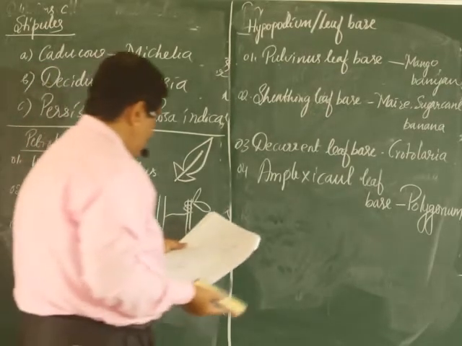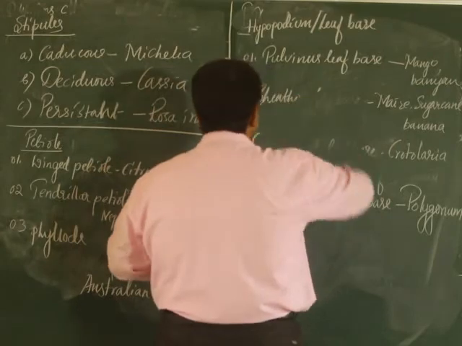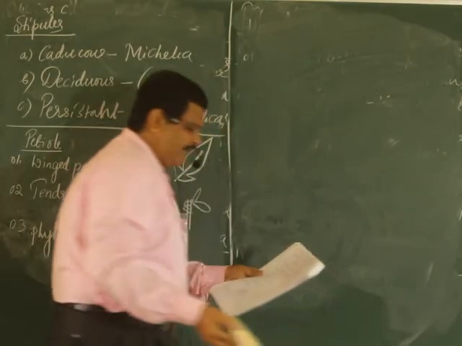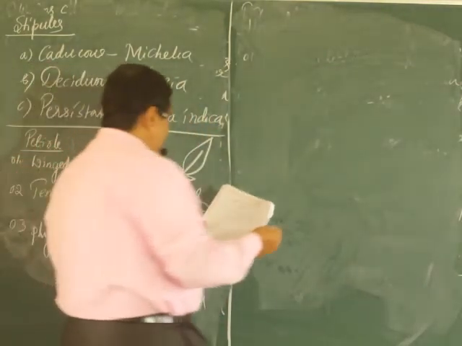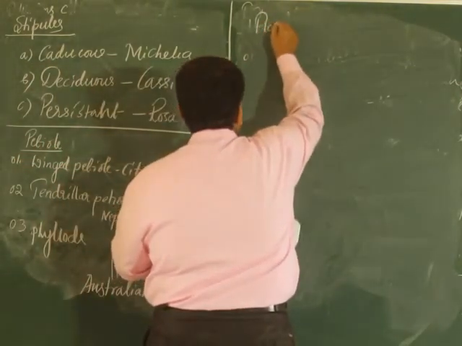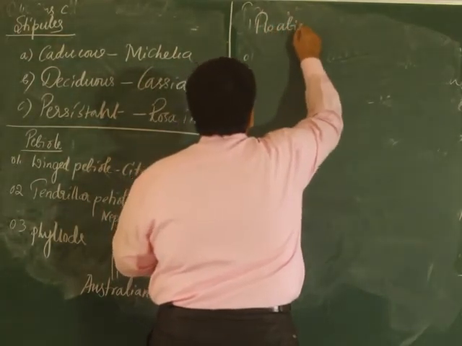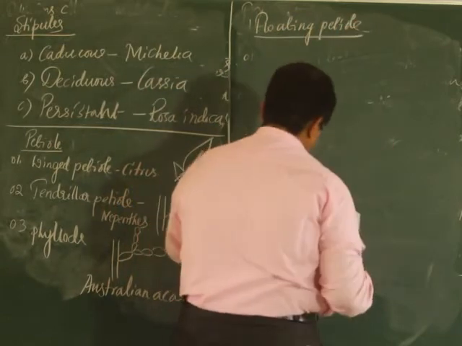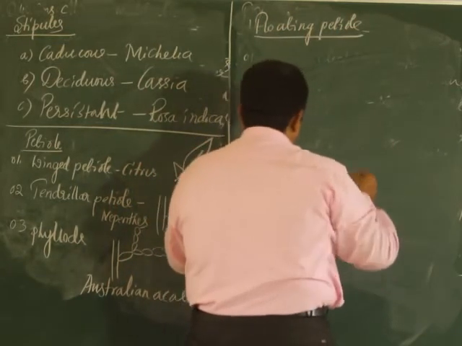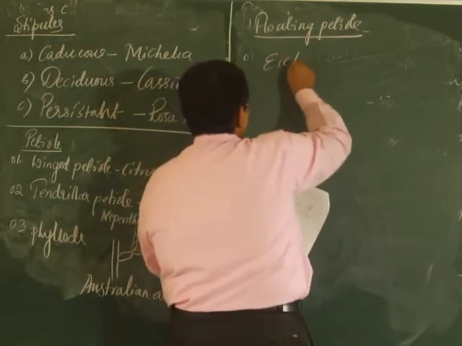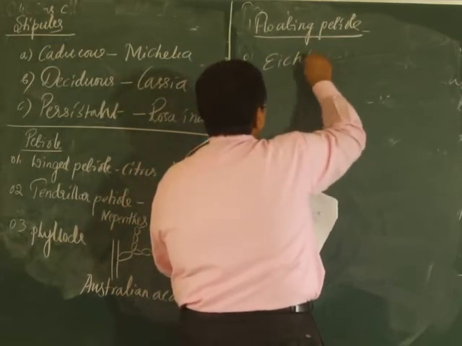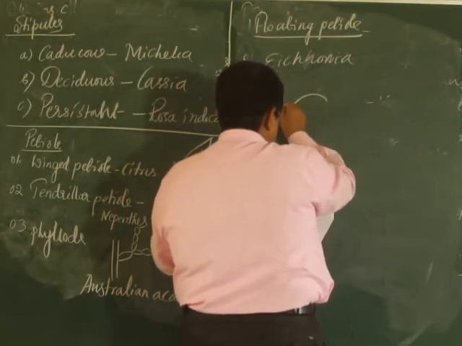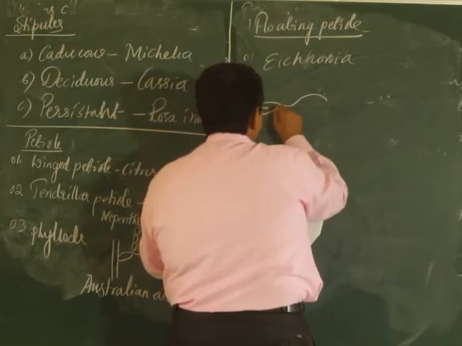Then floating petiole. In water plants we observe this type of petiole. It is in Eichhornia plant. And I think you might have seen this in pond water.